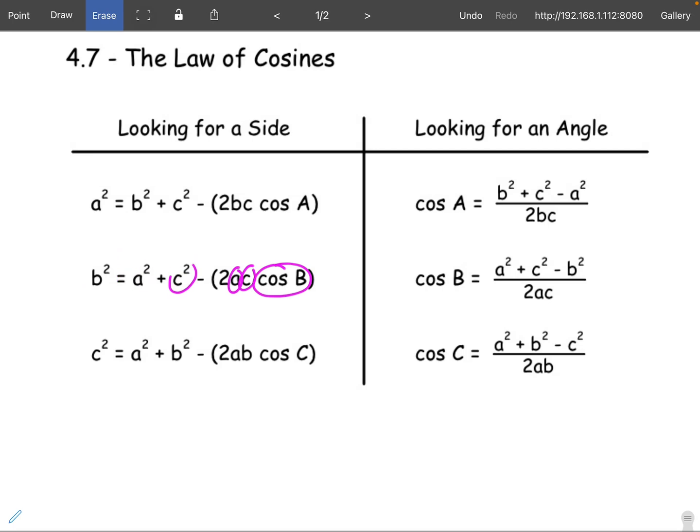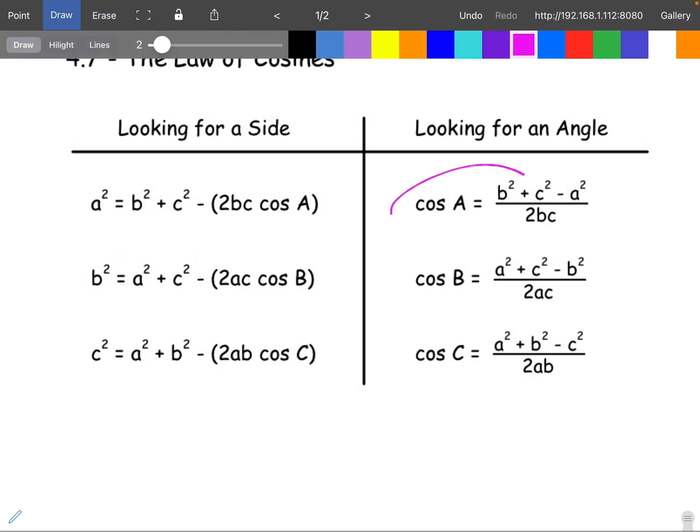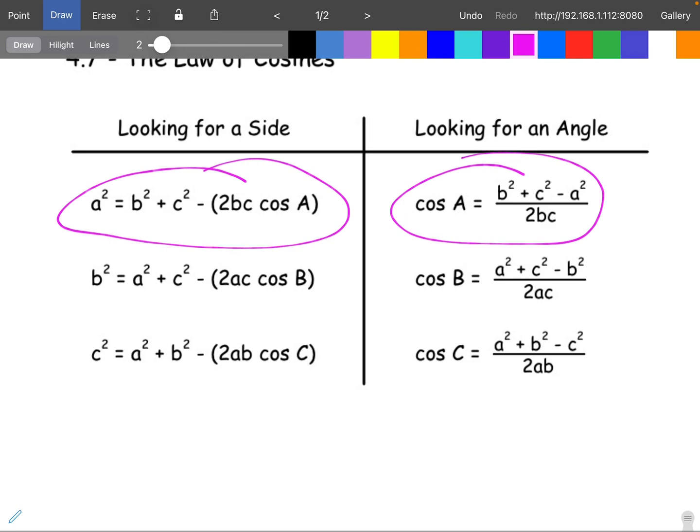Now, what about angles? So for angles, if we are looking for cosine A, or if we're looking for A, B, or C, you notice that this is really just a modification of this. So basically, they have taken the formula that's on the left and they've solved it for cosine A and come up with this formula right here.